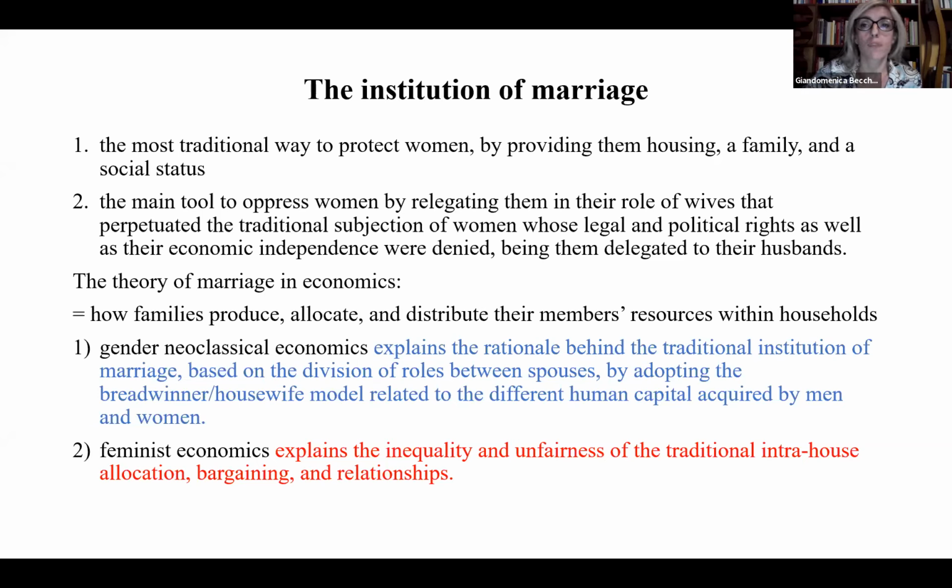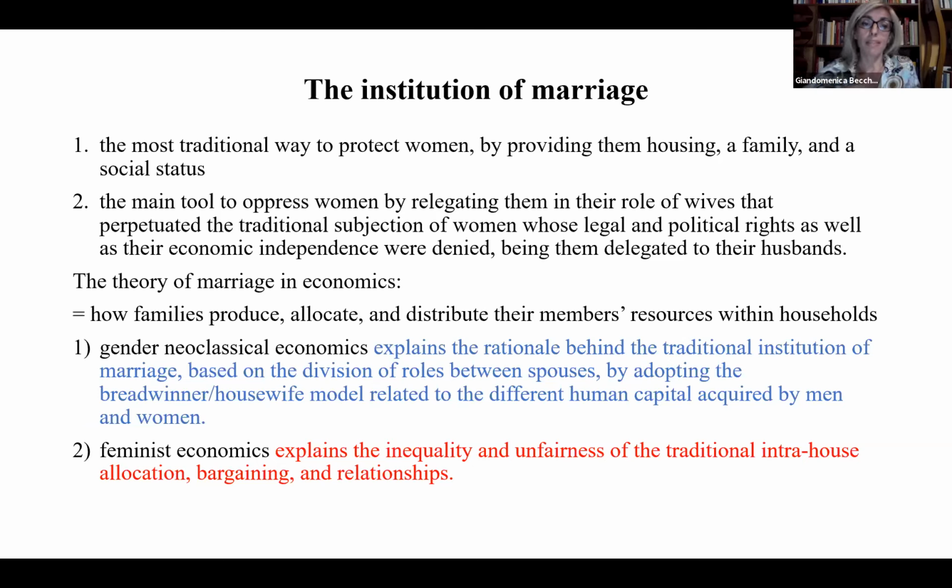We know that women's suffrage came very long after male suffrage. And last but not least, their economic independence was denied and again delegated to the breadwinner, the husband. This is in general for the institution of marriage within social science.